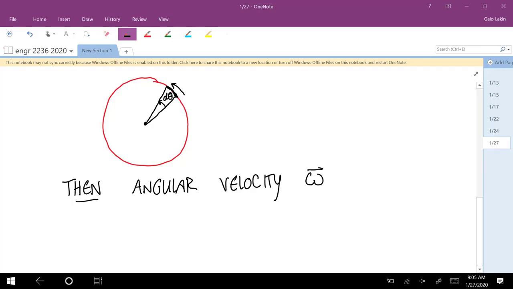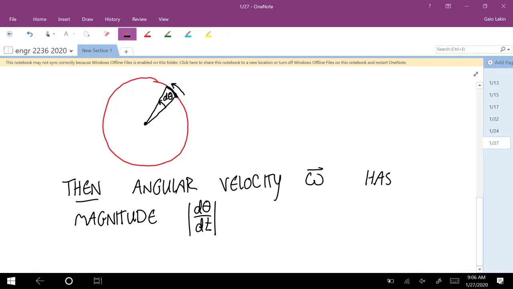Okay, so vectors have two properties, magnitude and direction. So we're going to think about the magnitude and the direction of this. It has a magnitude that's equal to the absolute value of d theta dt.